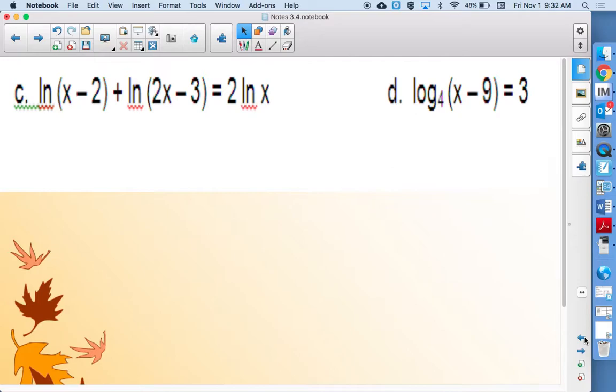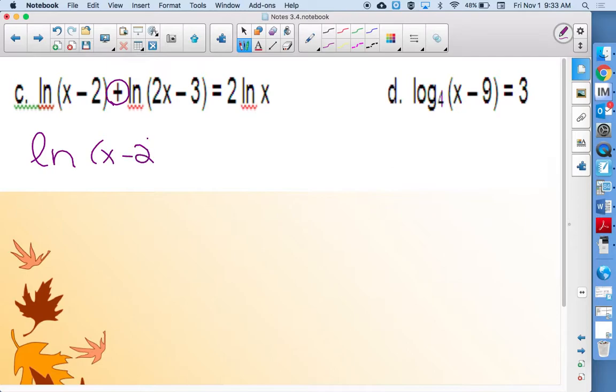Brenton, would you FOIL x minus 2 and 2x minus 3? Why? Because they would be multiplied. Yeah. So if we condense this together, multiplication is how I would squish the two together to make it one natural log. So the natural log, and he said you would FOIL x minus 2, 2x minus 3.